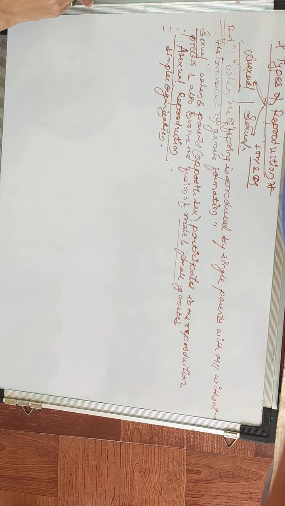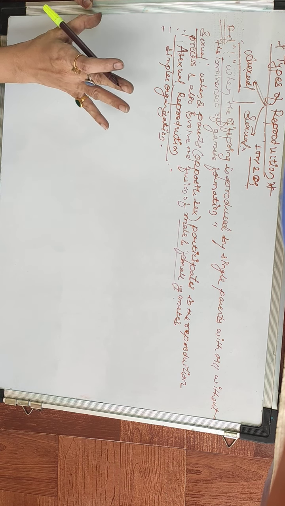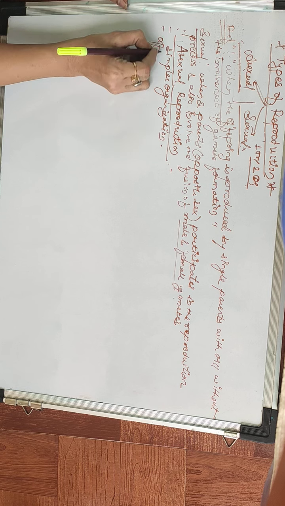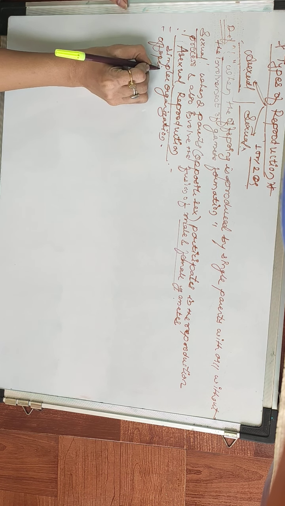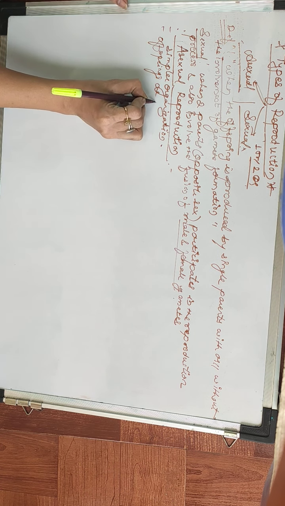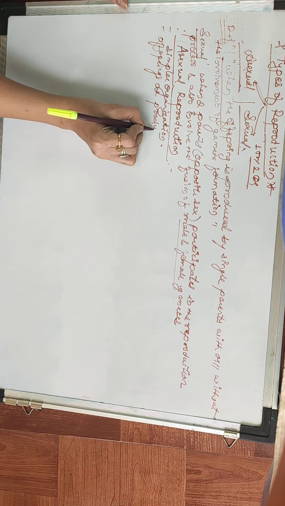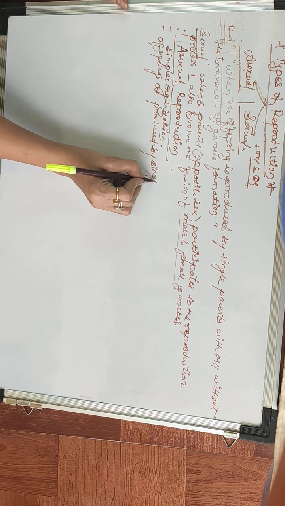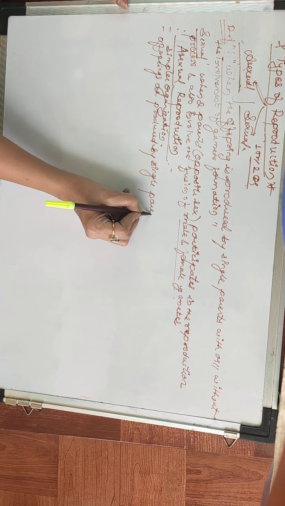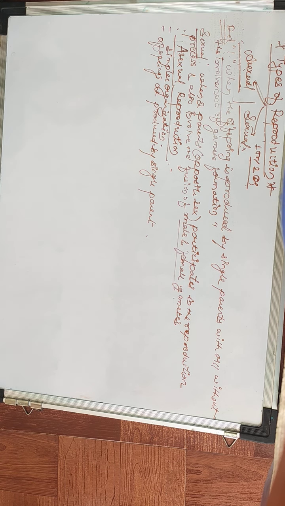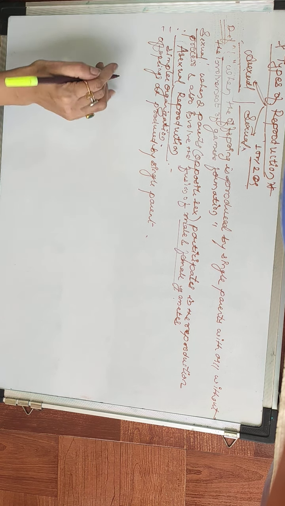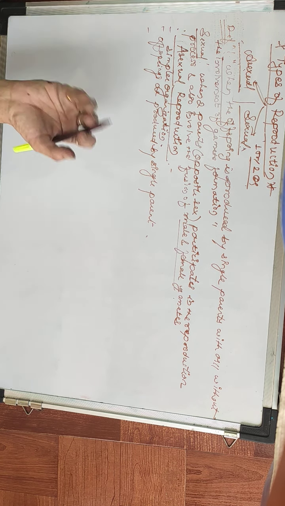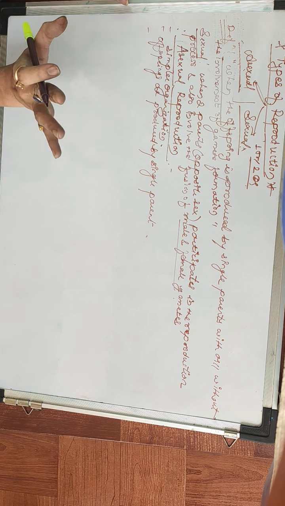The offsprings are produced by a single parent, and these offsprings are produced either with or without involvement of gamete formation.